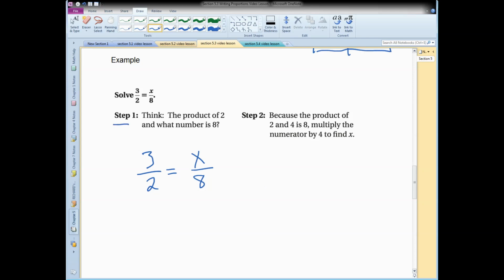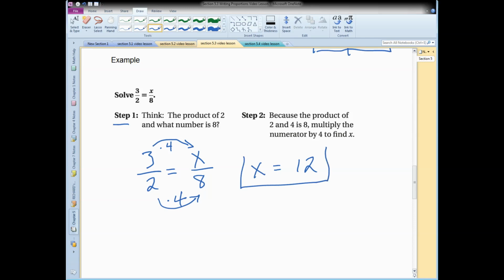Step 1 says the product of 2 and what number is 8. So I think about, what do I multiply 2 by to get 8? And the answer is 4. And then, if I want this to be proportional, which means equal, I need to multiply the numerator by 4.